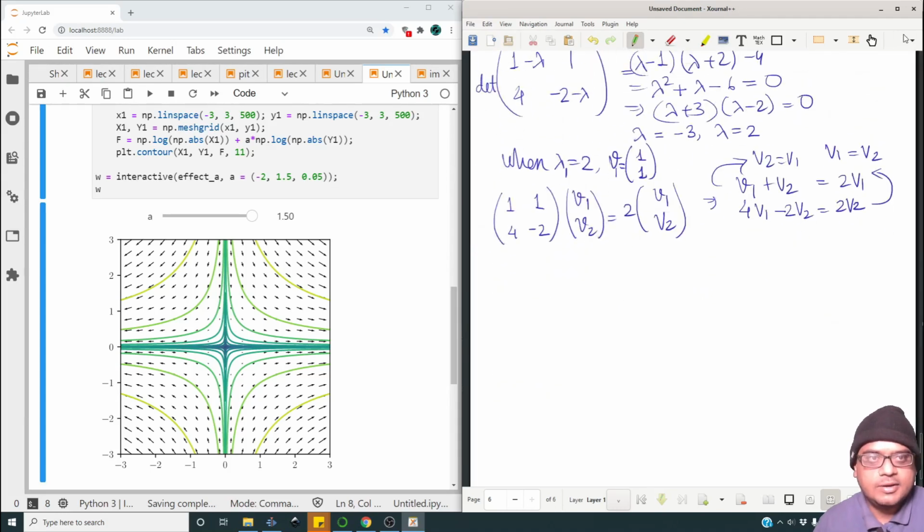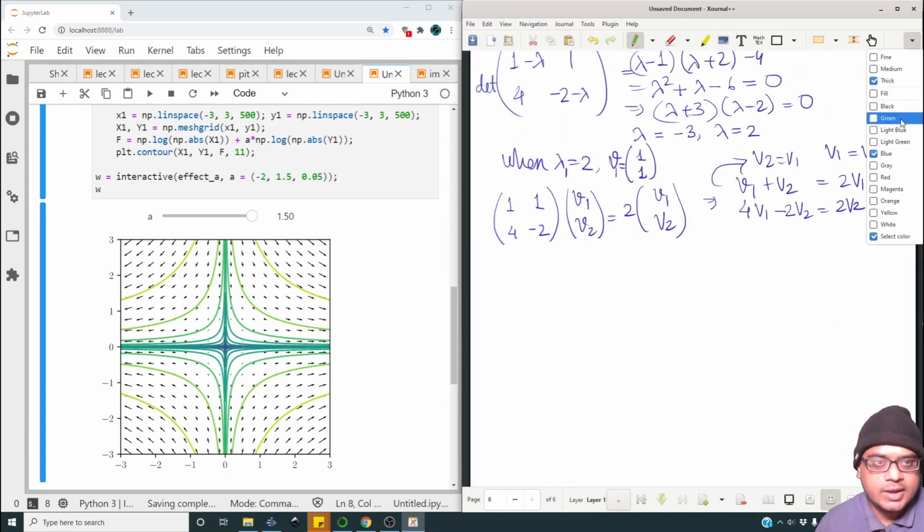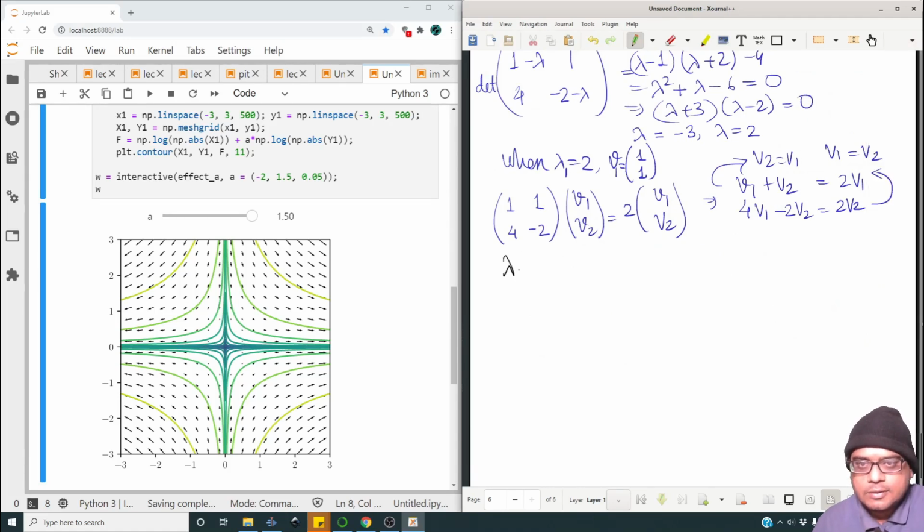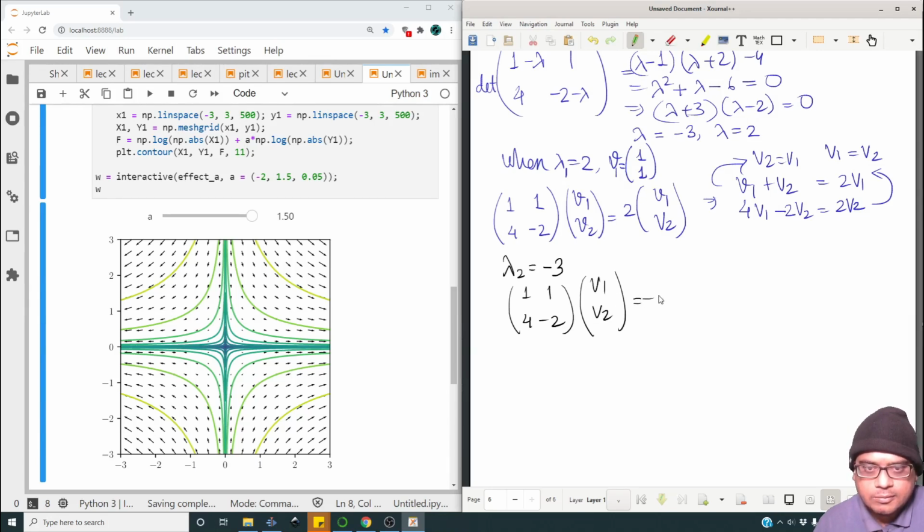When the eigenvalue is minus 3, what do we have? 1, 1, 4, minus 2 times v1, v2 is equal to minus 3 times v1, v2. This implies v1 plus v2 is equal to minus 3v1 and 4v1 minus 2v2 is equal to minus 3v2.